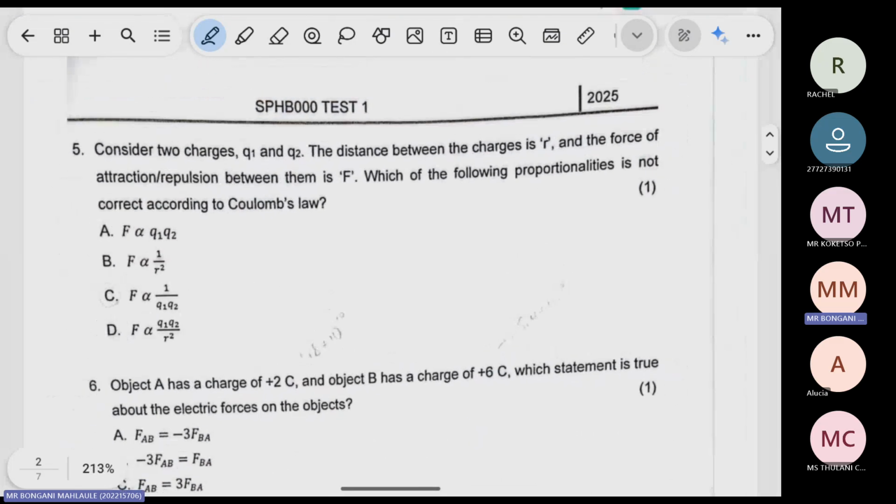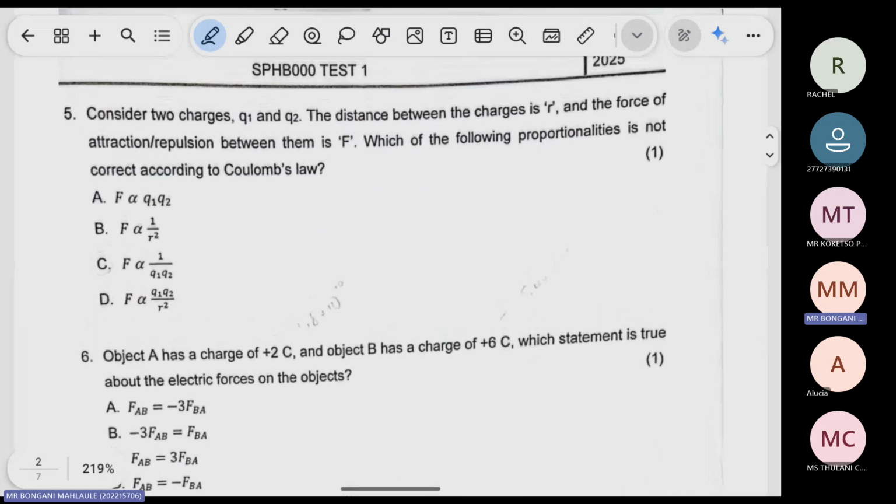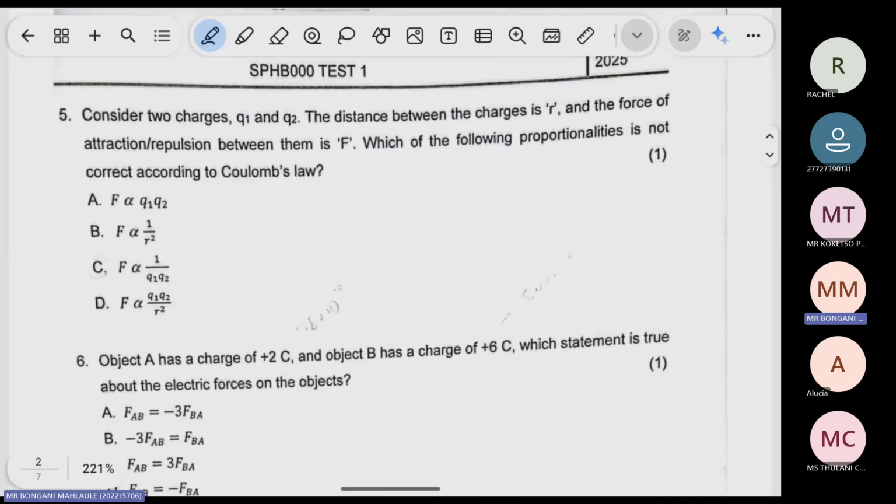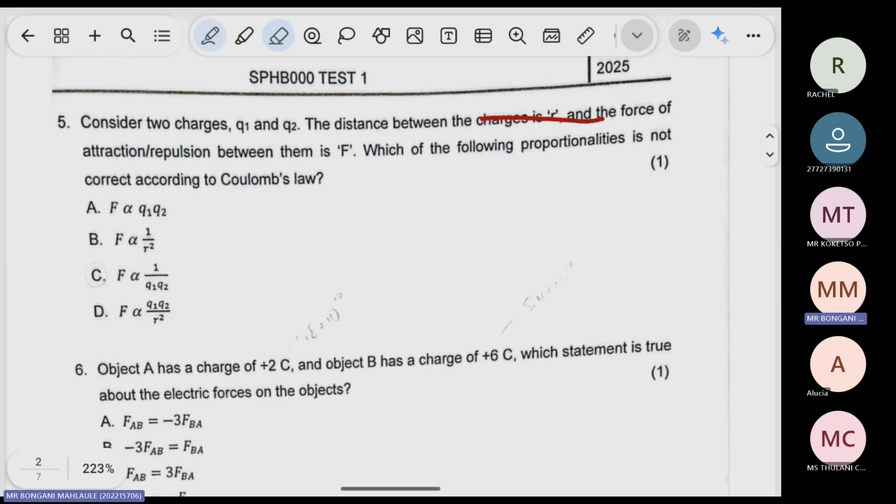Then number 5, they were saying consider the two charges Q1 and Q2. The distance between the charges is R, and the force of attraction between them is F. Which of the following proportionality is not correct? The one that is incorrect there. Which one is it?